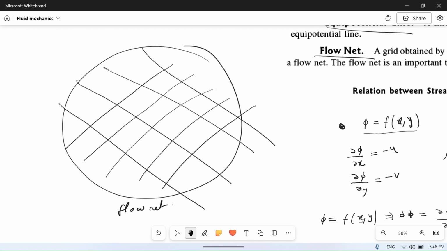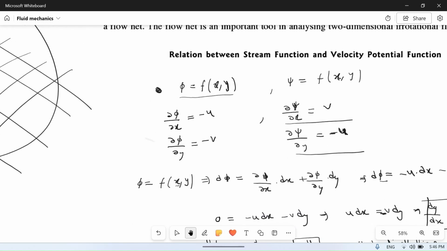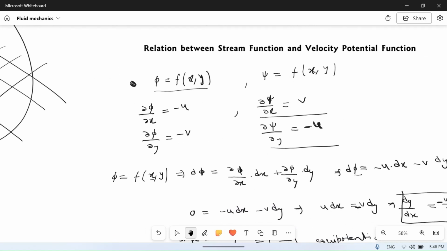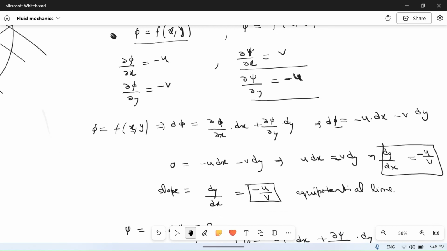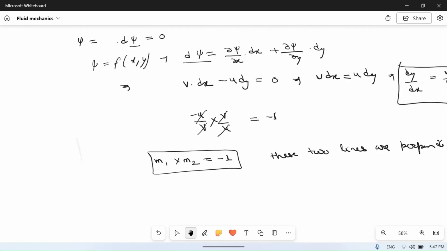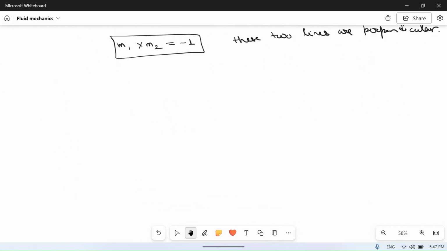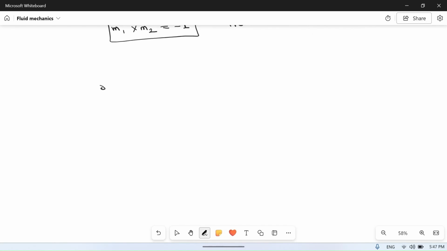Now what is the relation between stream function and velocity potential function? If you write again, for velocity potential function, del phi upon del x was minus u, and del phi upon del y was minus v.